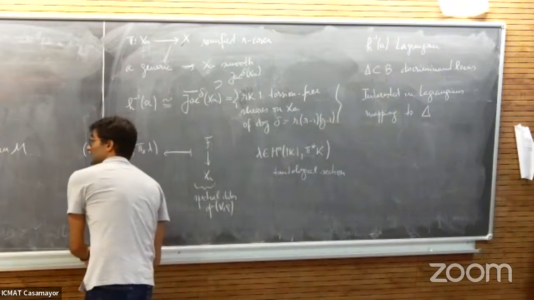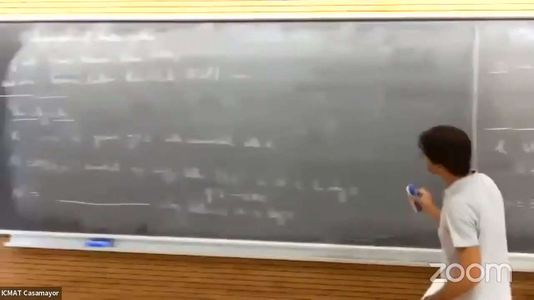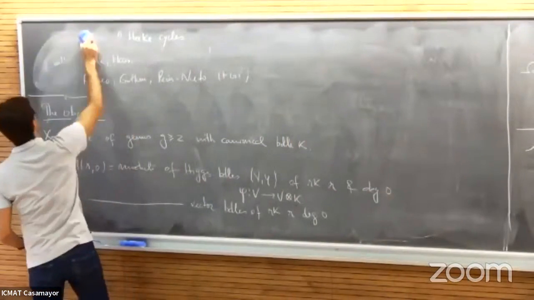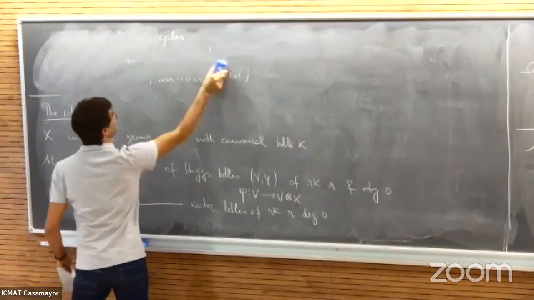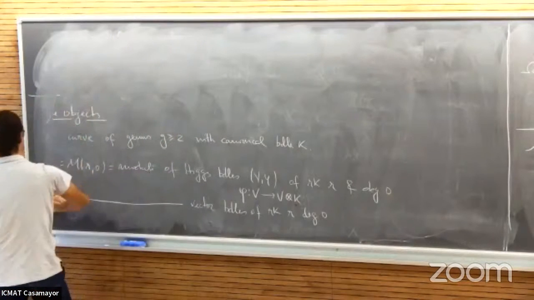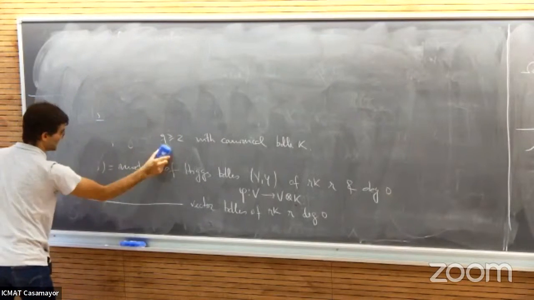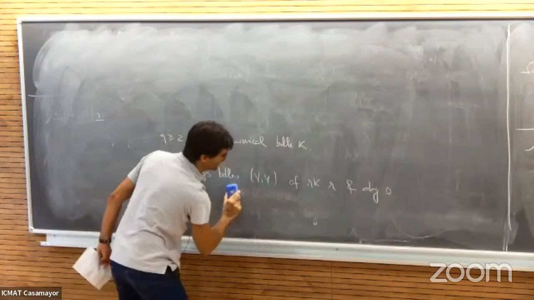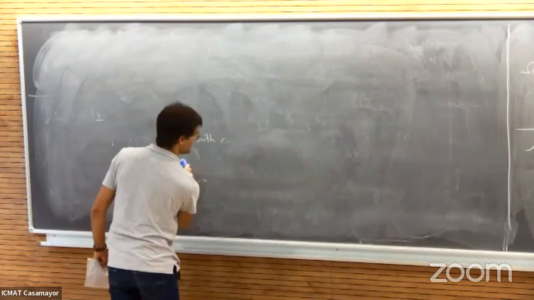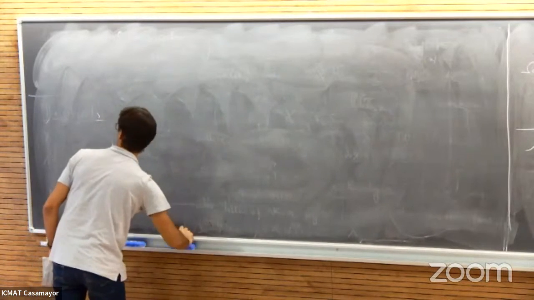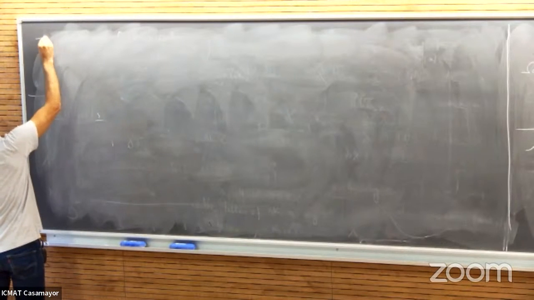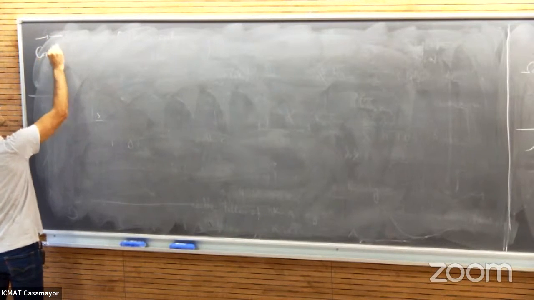Okay, so now let's construct our Lagrangians which do map to the discriminant locus.